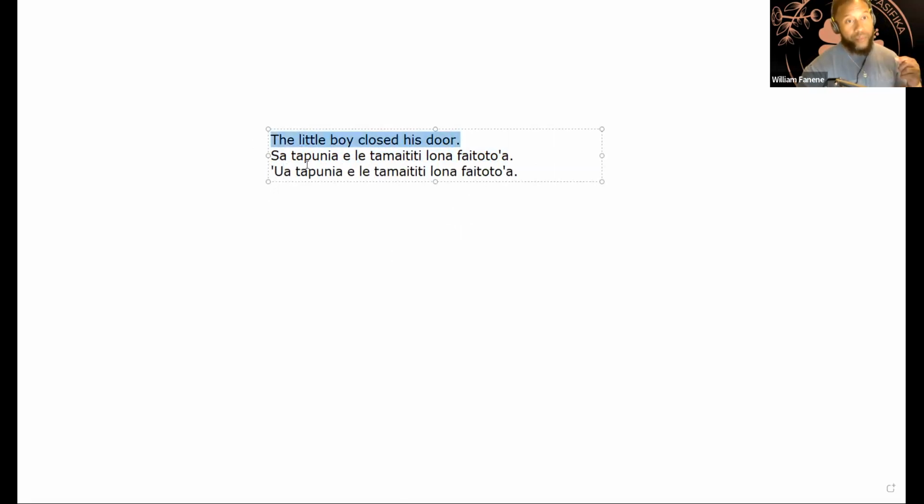In Samoan, if we're being more specific, this would be the boy was closing the door, was closing by the boy his door. And this one is has closed, by the little boy, his door, right?